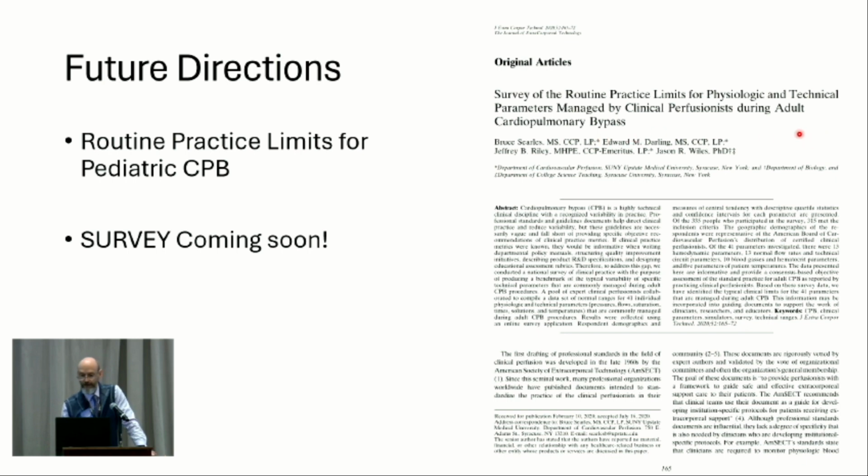We need to rewrite that paper and resurvey your community again and find out pediatric-wise. And this will be a little more complicated because we'll have to break that up into neonatal, small peds and large peds, for instance. But that's a necessary element too, as I can teach you to manage blood pressure, but I also want to teach you to manage the blood pressure within the range that the clinicians expect.